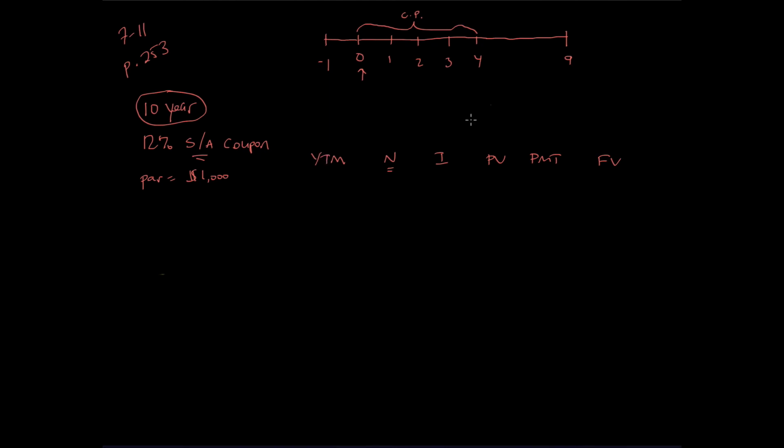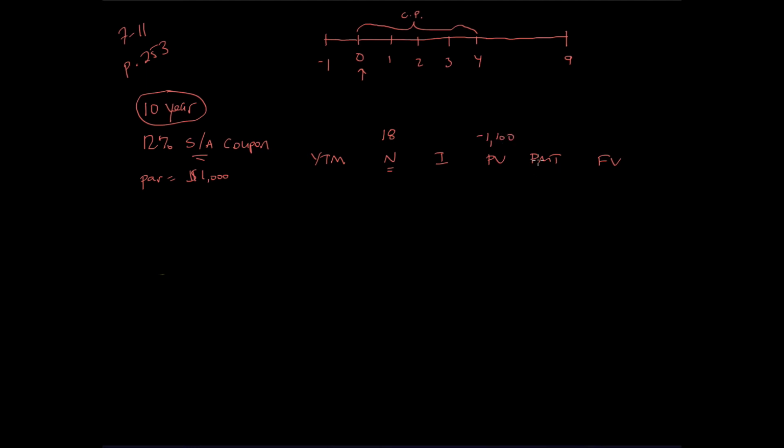So 9 years is going to be 18 interest payments, 2 interest payments a year for 9 years. Therefore, N is 18. The present value is what the bond is selling for on the market. That's $1,100 according to the problem.